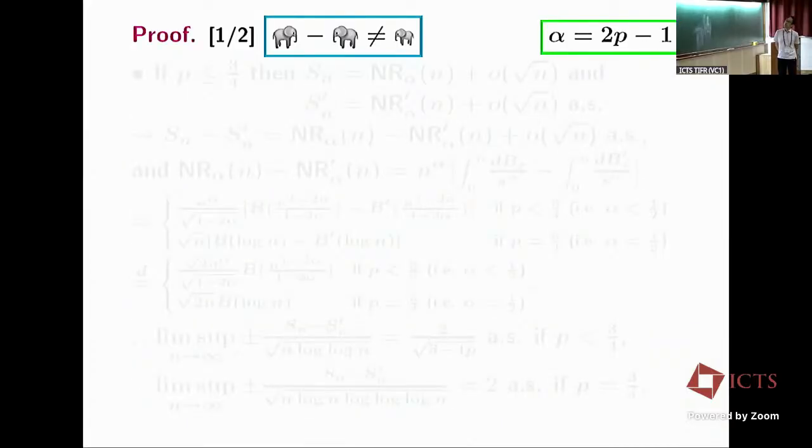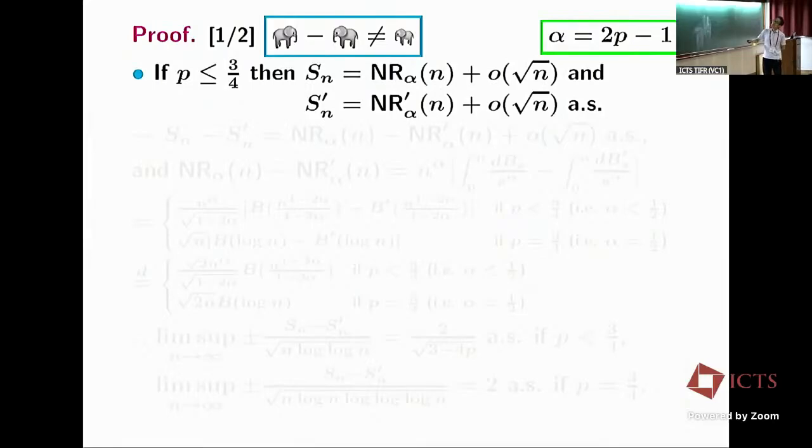But if p is less than or equal to 3/4, then the elephant random walk process can be approximated by noise reinforced Brownian motion with probability 1, with a small remaining error. So the difference of the elephant random walks is the difference of noise reinforced Brownian motions.